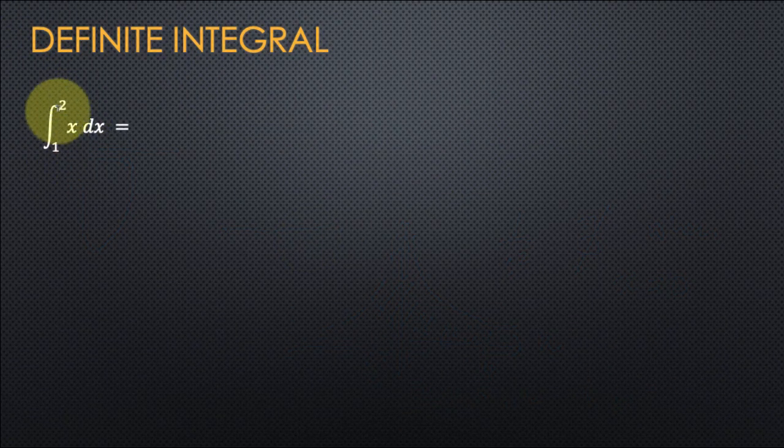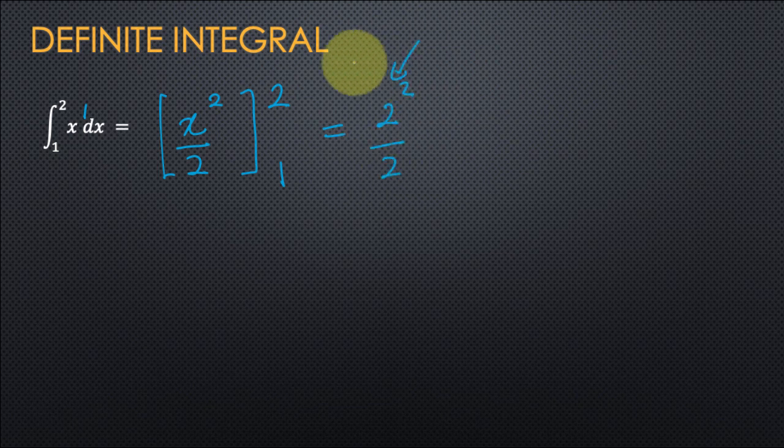Example, the limit is 1 to 2, the function is x, so this one is equal to, first find the indefinite integral, the antiderivative, so x, this one is power 1, so 1 plus 1 equal to 2, over 2, and then the limit 1 to 2, so this one is equal to, one is F(2), the other one is F(1), 2 squared over 2, minus 1 squared over 2.